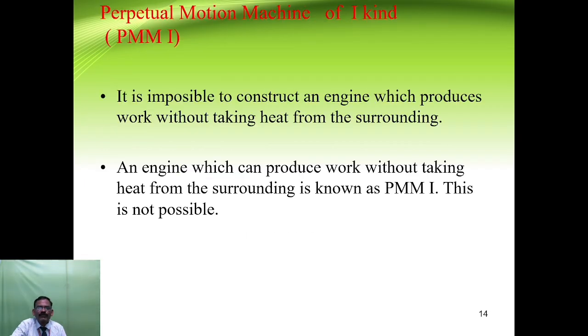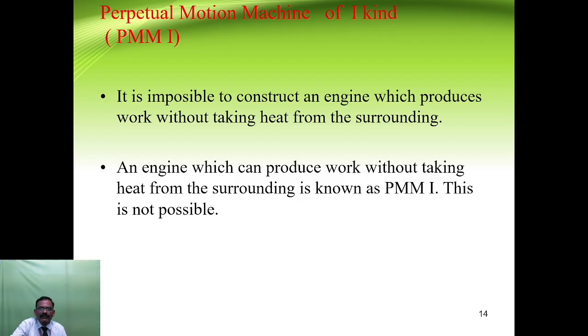Perpetual motion machine of the first kind. It is an imaginary machine, actually not possible. It is an imaginary case based upon the first law. It shows that it is impossible to construct an engine which produces work without taking heat from the surroundings.